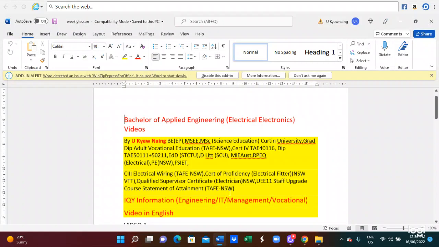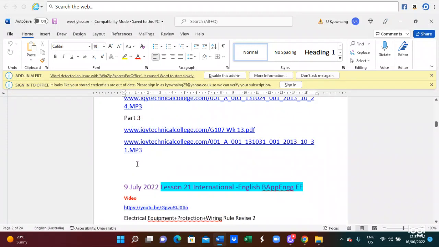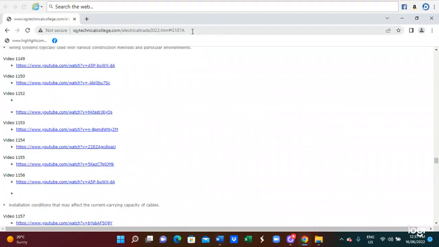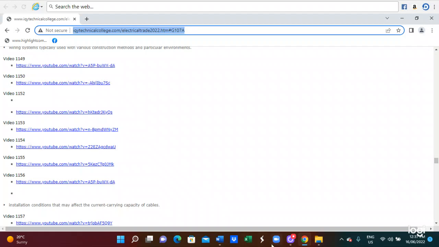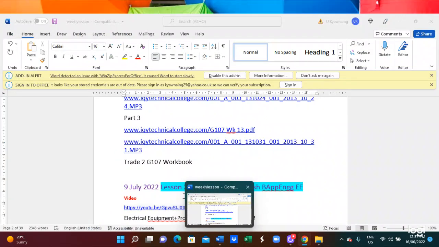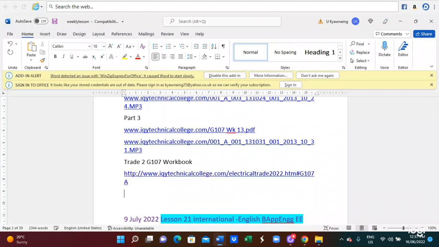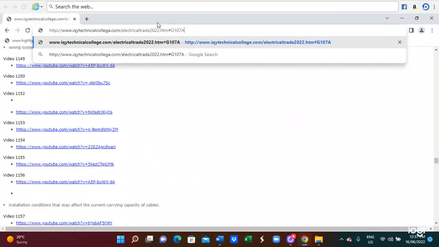So this is the way G107 works. This is Trade 2. You need to study the G107 workbook. The link is here; I give you the link here.